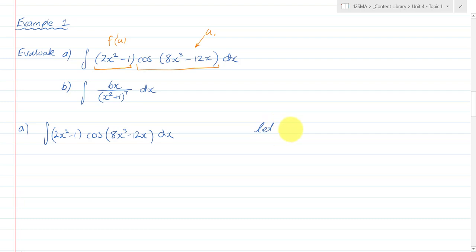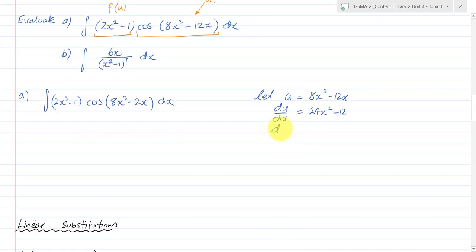I'm going to first of all let u equal the inside function, 8x³ − 12x, and that means that du/dx is equal to 24x² − 12, which means that du is equal to (24x² − 12) times dx, and therefore dx is equal to du over (24x² − 12).